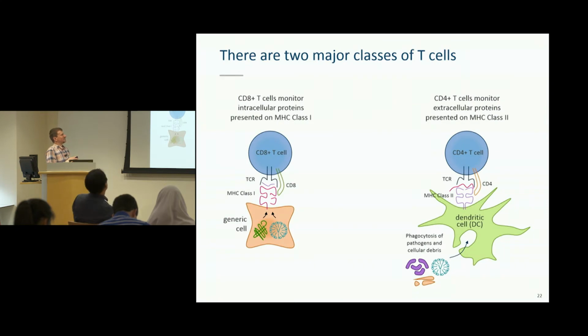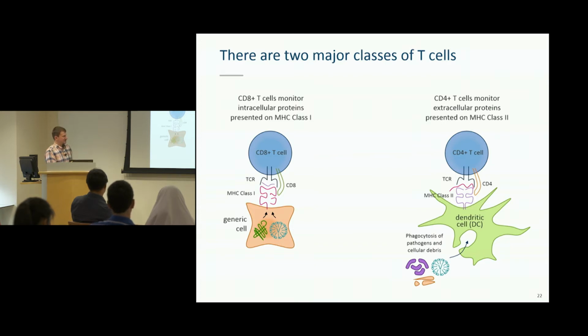Okay, so getting more to T cells, T cells are extremely diverse, and there are many different classes and subclasses. But at the very high level of the hierarchy, there are two types, which are CD8 T cells and CD4 T cells. My cartoons so far have all been CD8 T cells, and these interact with MHC Class I, and MHC Class I is presenting peptides from intracellular proteins.